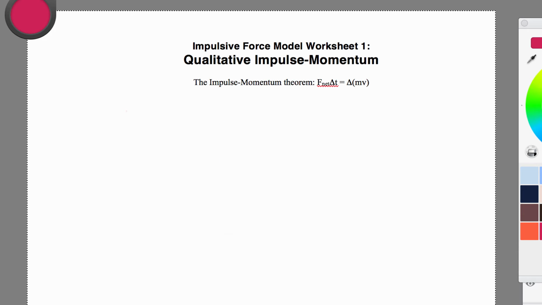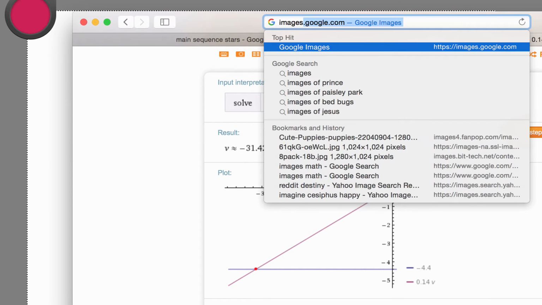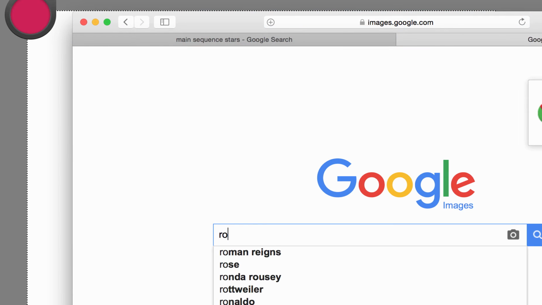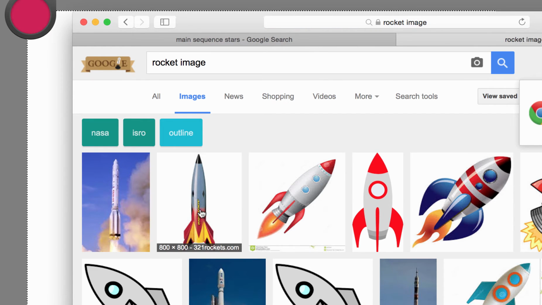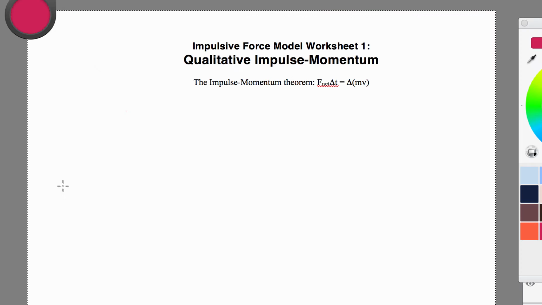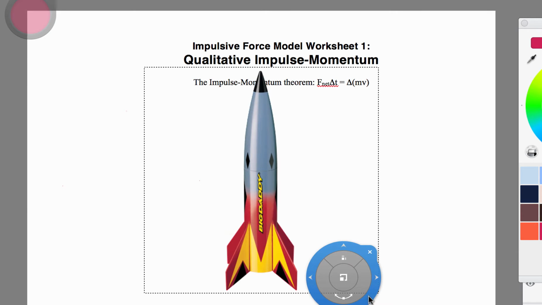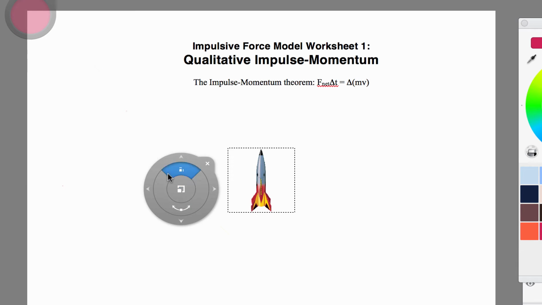Actually, I'm going to get a picture of the rocket, because it's hard drawing a rocket without it looking like something inappropriate. Someone would tease me. Alright, and I want to change the size of this thing. There we go. Okay.